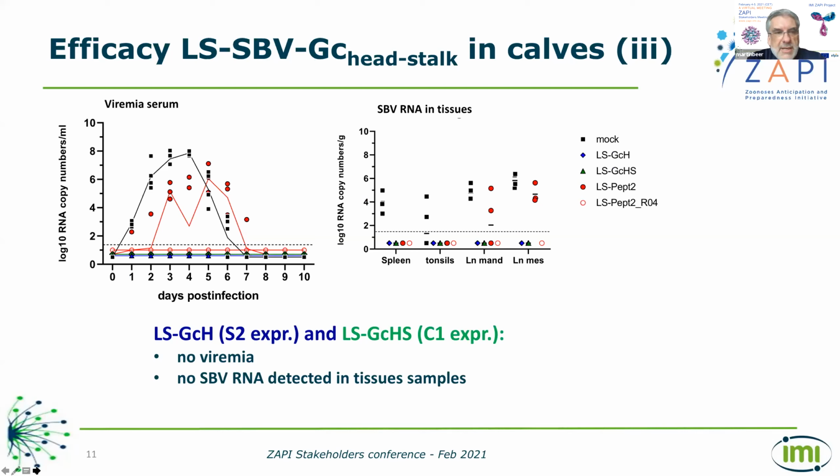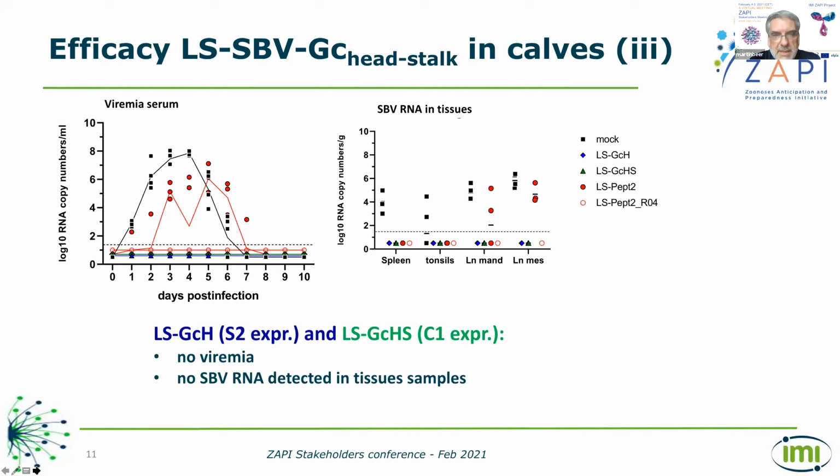Then you can, on the left side, see that black curve. This is the classical viremic curve of the naive animals. You see a reduced viremia, so there is some protection, but not a lot in the peptide immunized animals. And there is full protection in all the animals which we had immunized with the Qc head and the Qc head stalk.